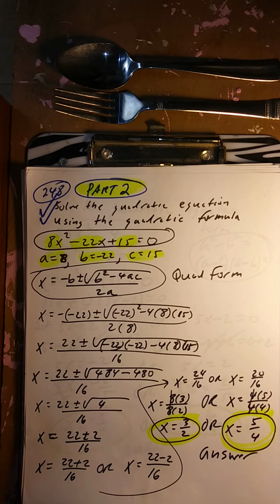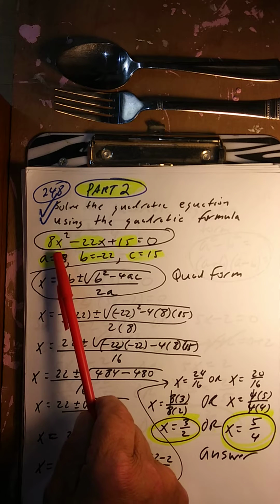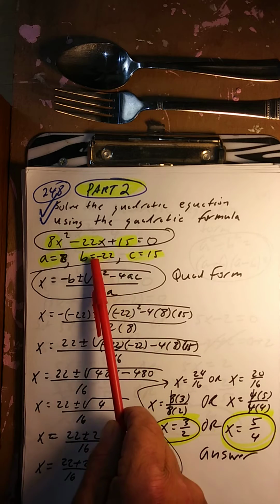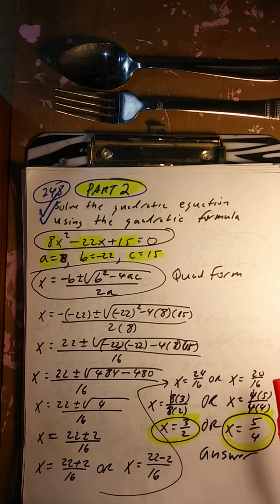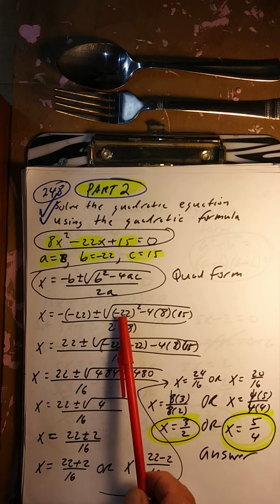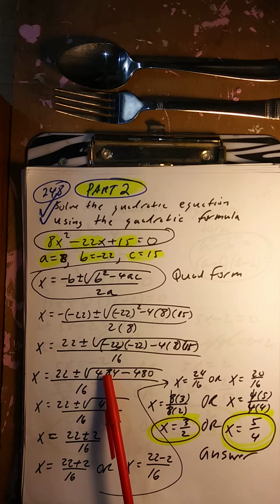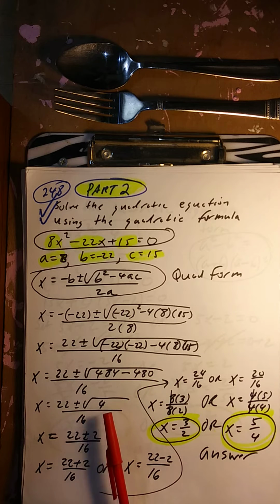Or, part 2, quadratic formula, of course. There's A, B, C, 8, negative 22, 15, put them in the formula. So now from there, let's see what we have. Negative, negative is positive. Negative 22 squared is 484, and this right here is going to be minus 480. Subtract them, it's going to be 4. Square root of 4 is 2.